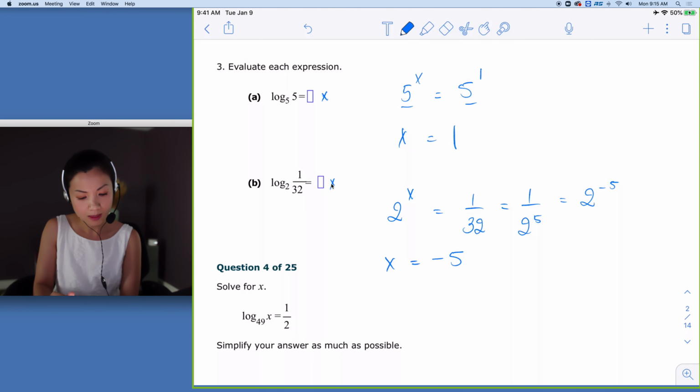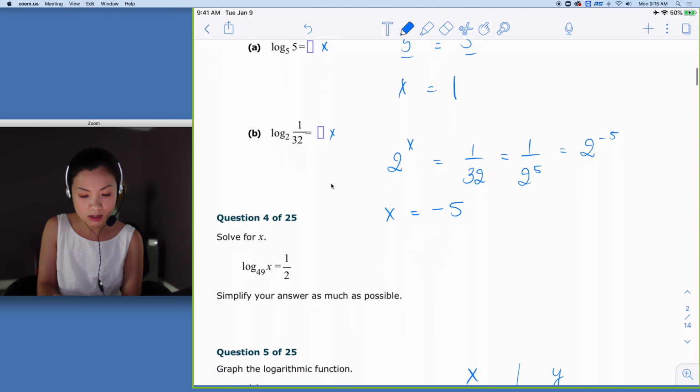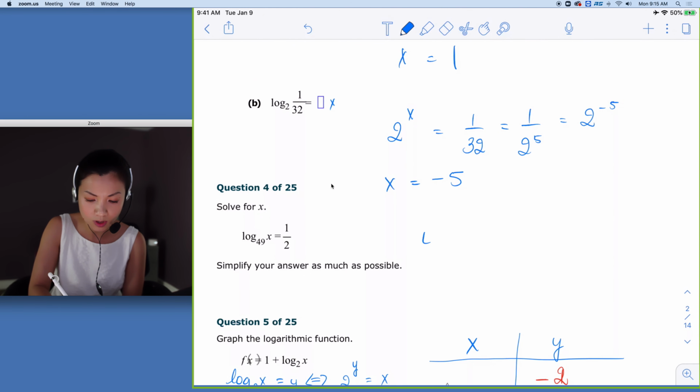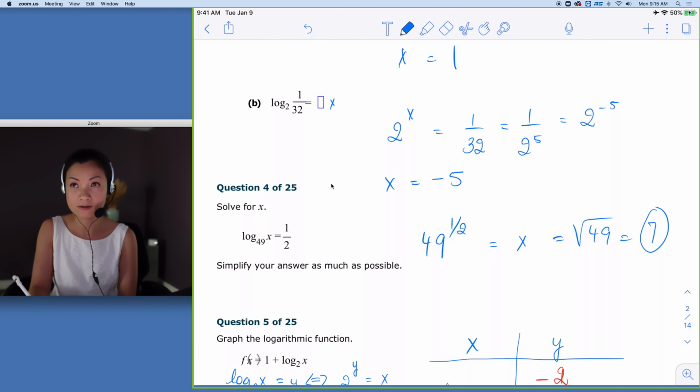Unlike evaluation, here they ask you to solve for x, but it's the same idea. I have 49 as a base to the 1/2, which is the exponent, equals x. That's pretty much taking the square root of 49, which is 7. So that's going to be your answer.